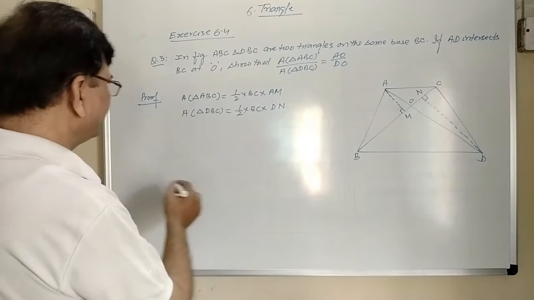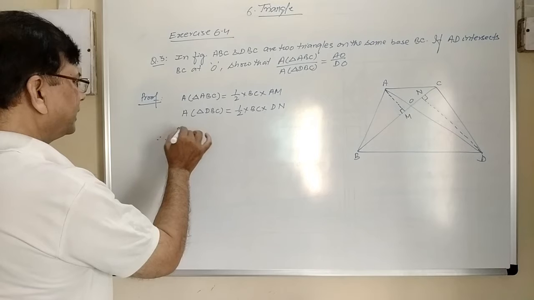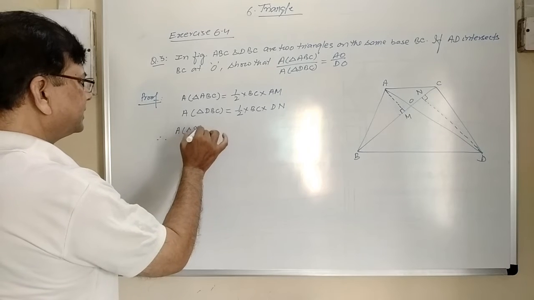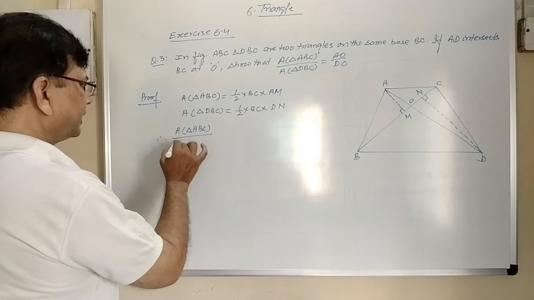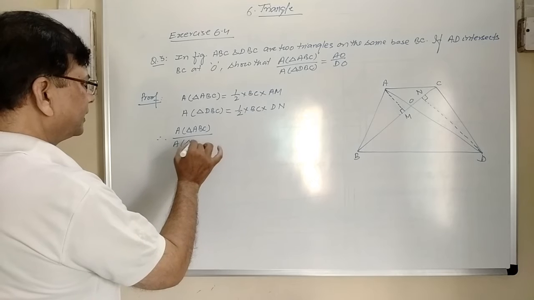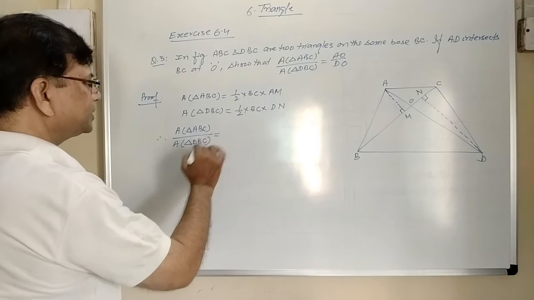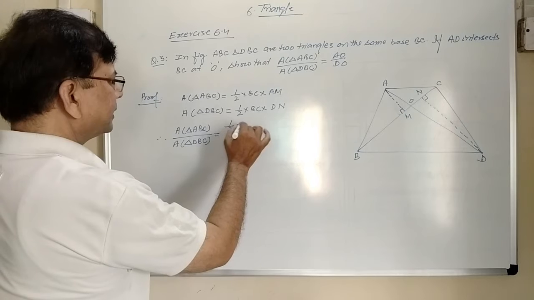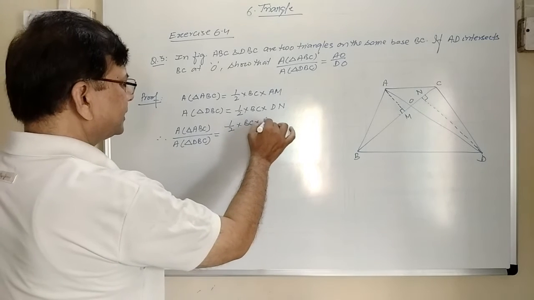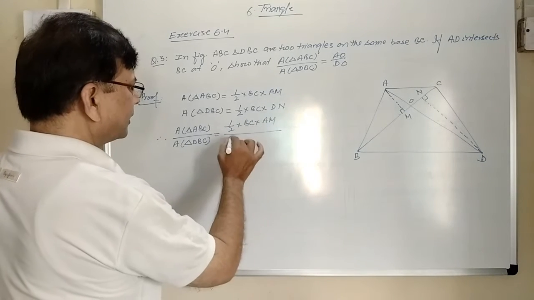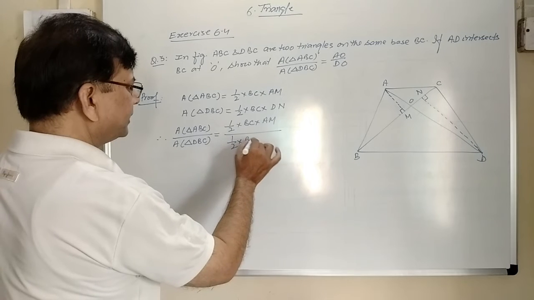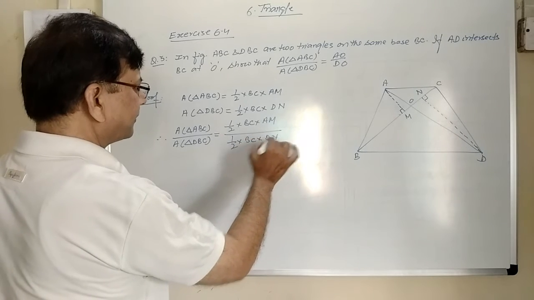So you find the ratio. Therefore, area of triangle ABC upon area of triangle DBC is equal to half into base into height upon half into BC into DN.